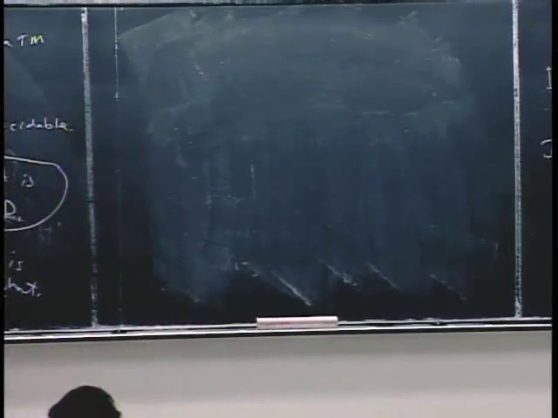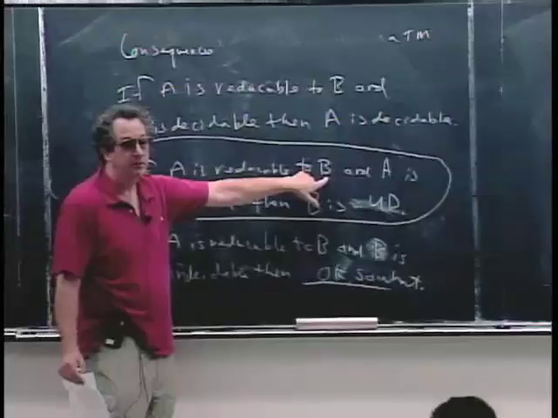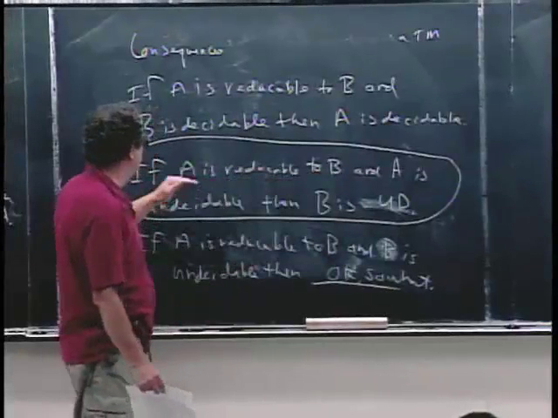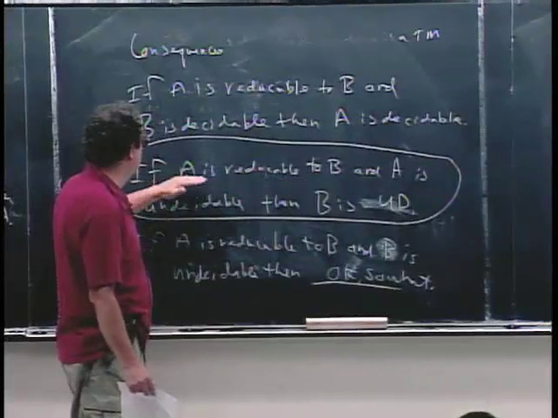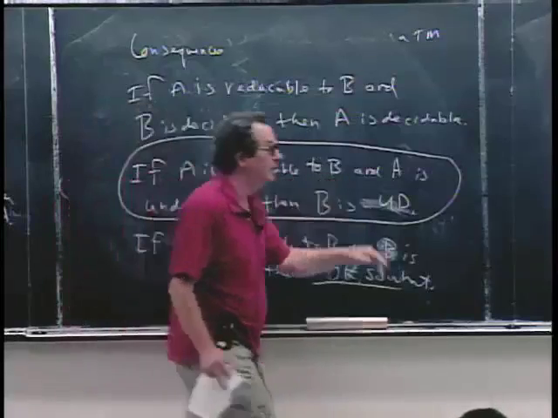So if we already know that A is undecidable and we want to prove that B is undecidable, what we want to do is come up with a reduction that shows how to reduce A to B. That's the game plan.